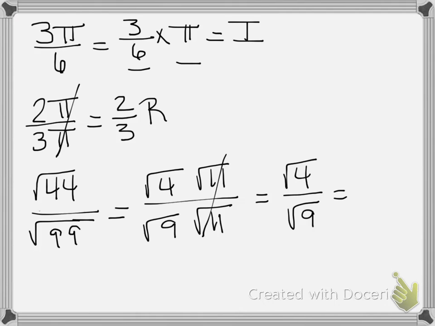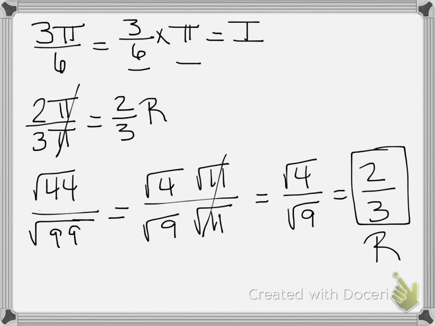Well, this looks very similar to the one we just had with the square root of 2 over the square root of 5. Both of those were irrational. However, the square root of 4 we know is 2, and the square root of 9 is 3. So we know that this is a rational number. So this is a very complex, hidden rational number.